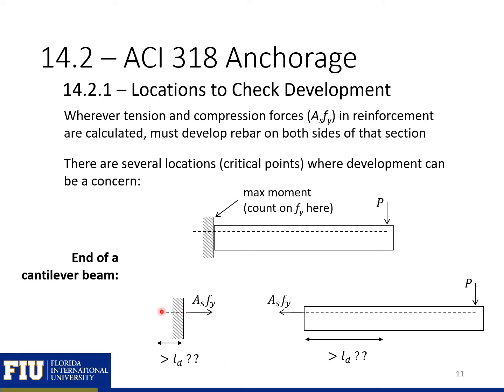So we need to provide a hook or a straight bar extending into the adjacent beam if that's the case. And we also need to make sure that we have a sufficient development length into the cantilevered beam. So we need to check this distance towards our point load at the end. So these are the two instances where we need to check our development length in the end of a cantilever beam.